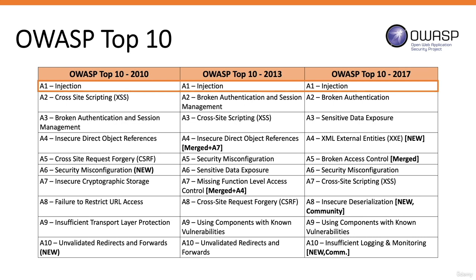In fact, the likelihood of SQL injection vulnerabilities existing in applications has decreased across the years for many reasons, and we'll discuss that in the last section when we discuss how to prevent SQL injection vulnerabilities. Nevertheless, it is still a critical risk because, as we saw in the past couple of slides, even just one parameter that is vulnerable to SQL injection could potentially lead to remote code execution on the server, so a full compromise of the underlying server.